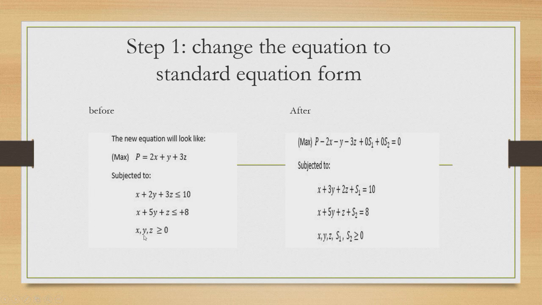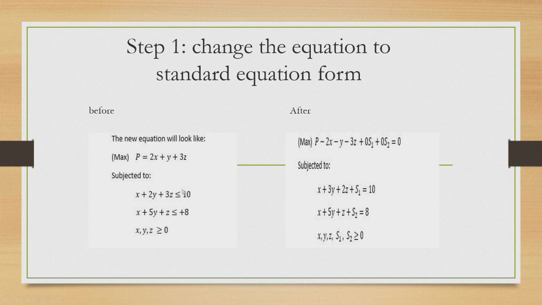The first step of the simplex method is to change the equation to the standard equation form. So we move the objective function's right hand side to the left hand side, and 2x will become -2x, y will become -y, and 3z will become -3z, and we add the slack variables. The slack variables depend on the number of constraints you have.